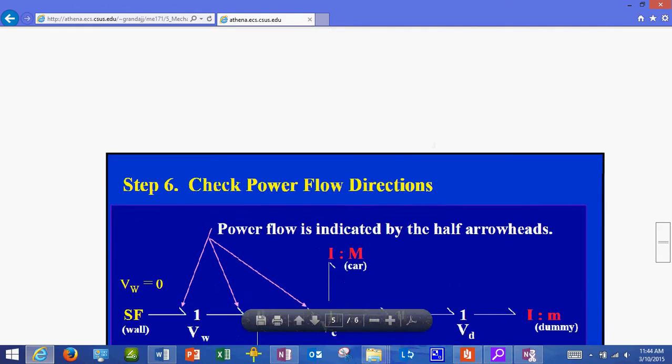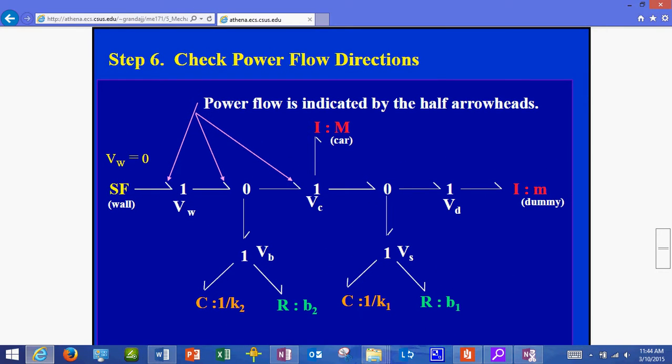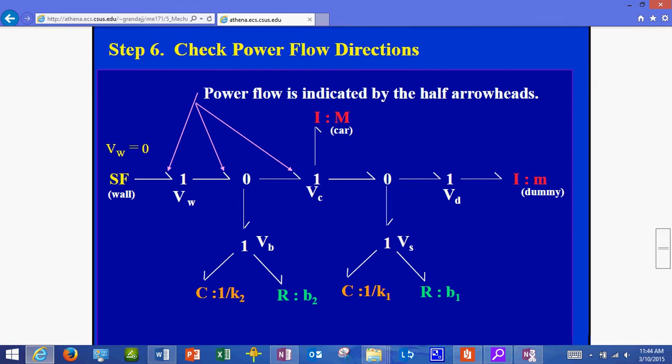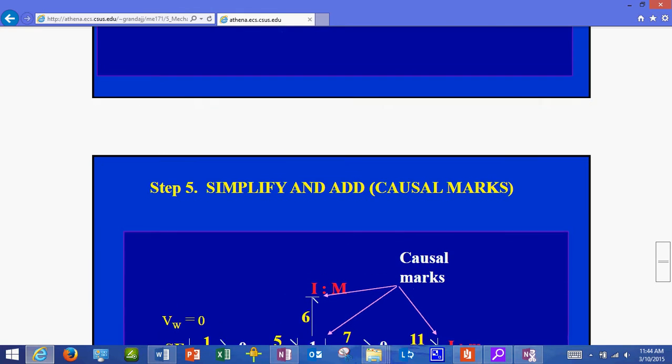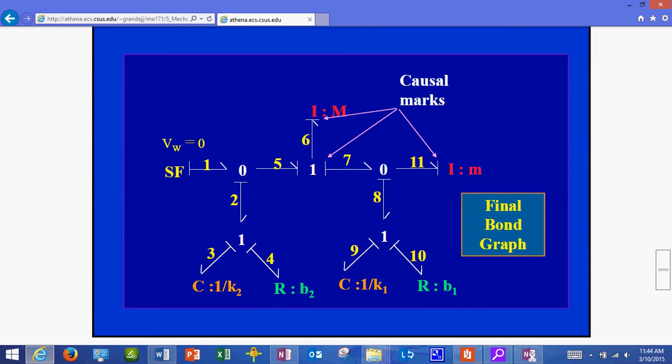And this is how we put together the entire model. And so it looks like a bond graph model now that would be ready to put into the CAMG software. So we can simplify the graph and make it look pretty.